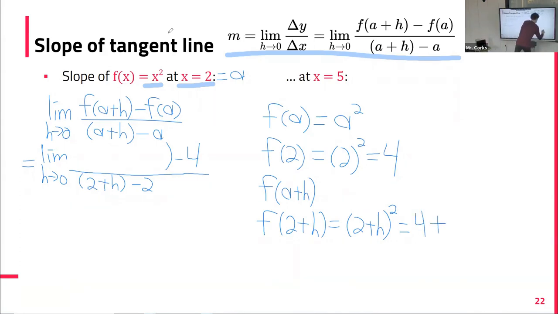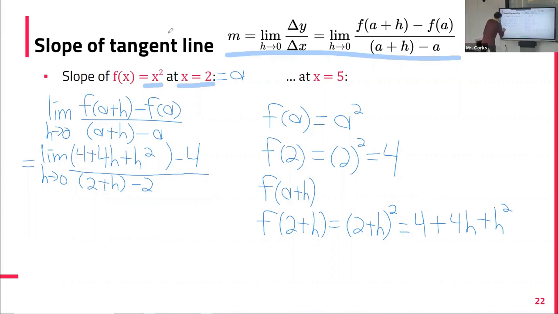Four plus 4h plus h squared. Okay. So those are the 4 parts. If we take that 2 plus h and we expand it. So we have 4 plus 4h plus h squared minus 4. So that's the top of our fraction.